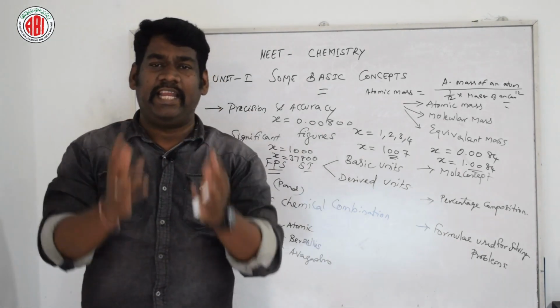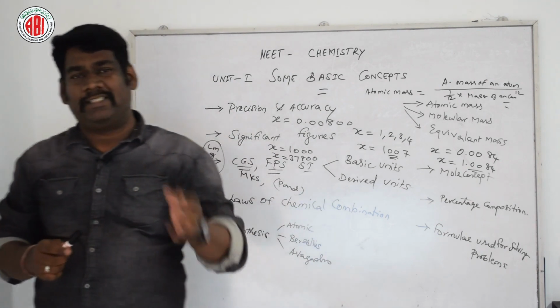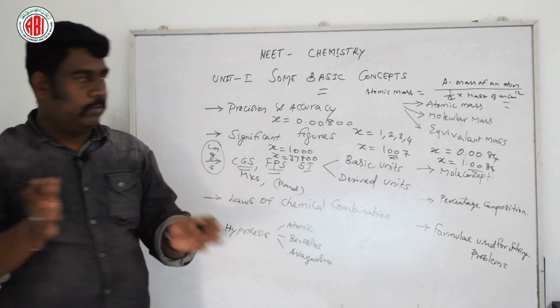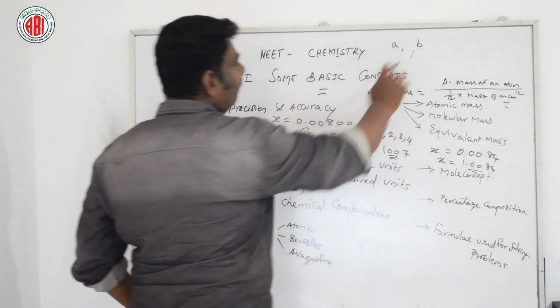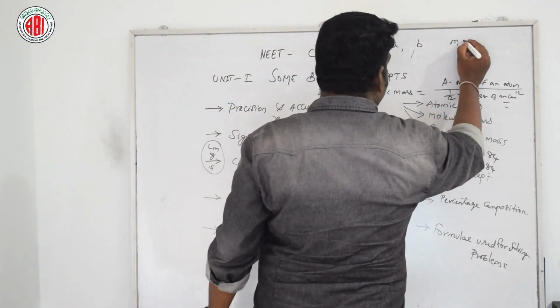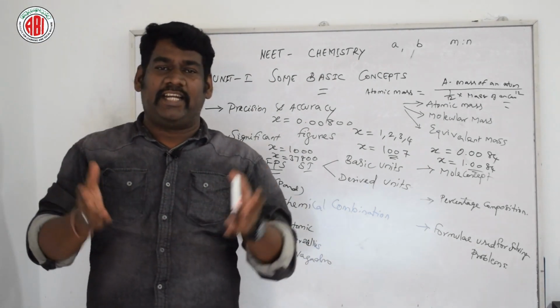Suppose an element exists in two isotopes having atomic mass A and atomic mass B, in the ratio m:n, say for example. Then what is the average atomic mass?